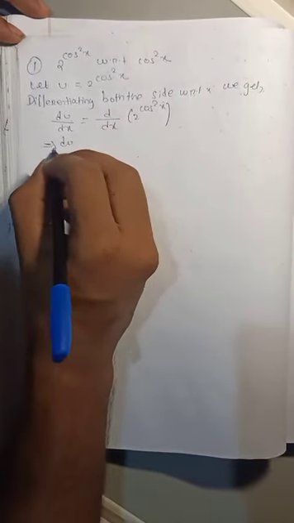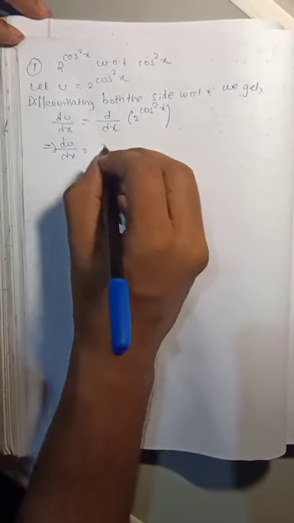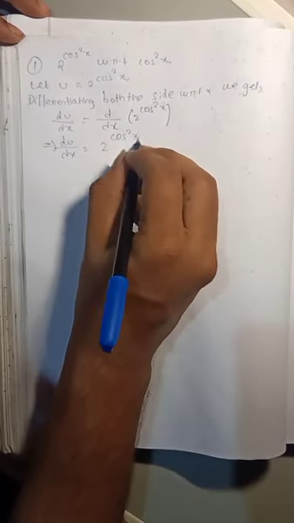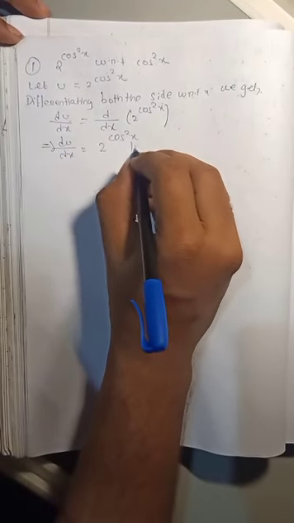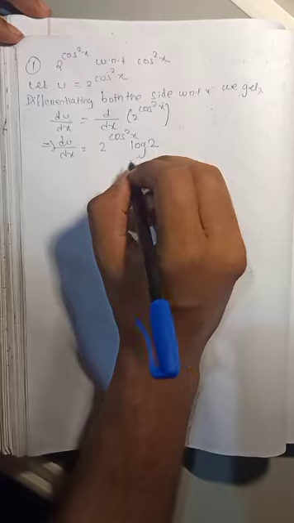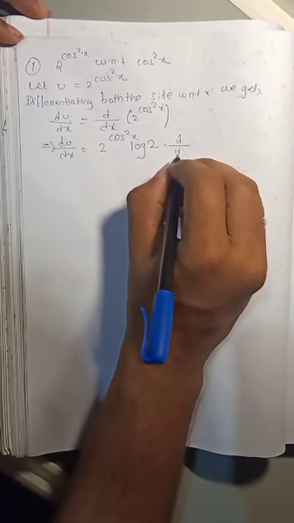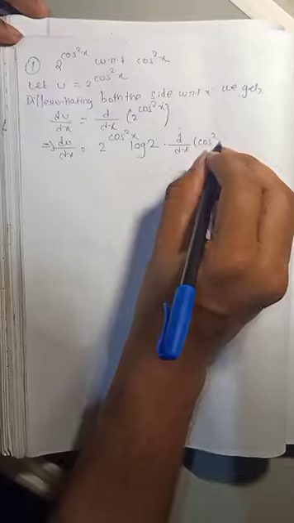So du by dx is equal to 2 to the power cos square x log 2 into the derivative of cos square x.